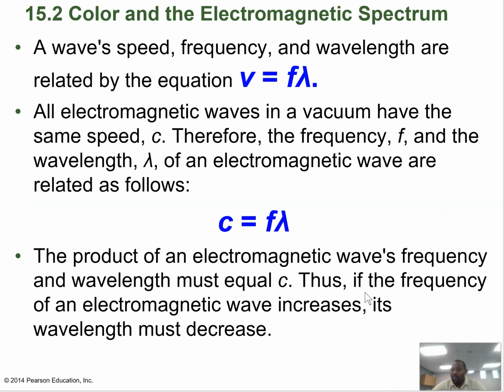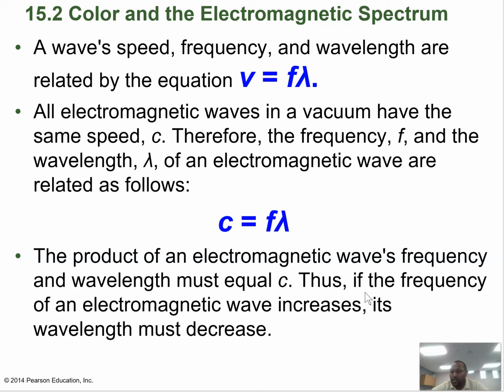A wave, whether it is light or other forms of wave, has a speed, frequency, and wavelength. Wave speed, frequency, and wavelength are related by the equation speed equals frequency times wavelength.